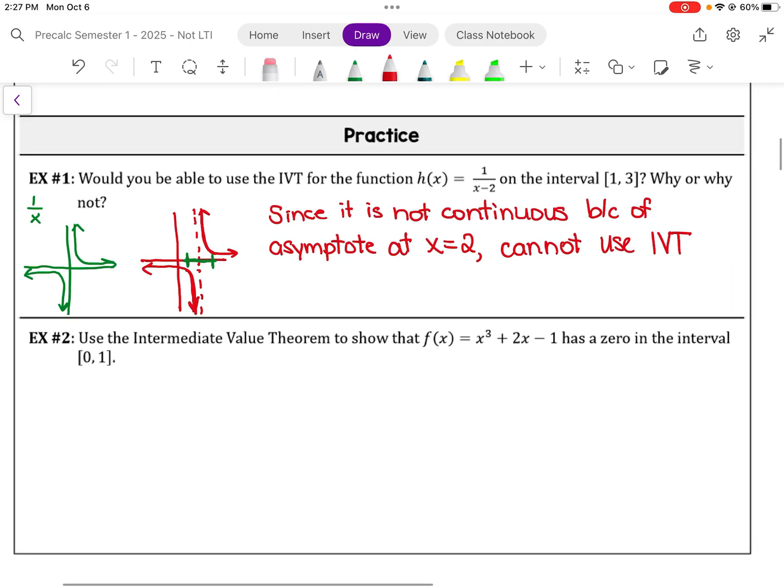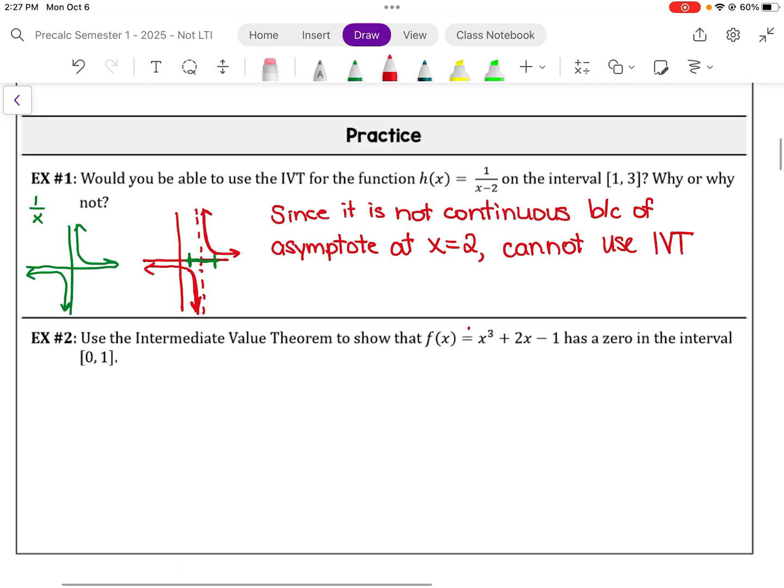But if we look at our second example, it is an x cubed function, which hopefully your brain says, all right, that looks something like that. It could have humps like that. But either way, it is continuous. Polynomial functions are always continuous. So that one tracks. So let's see if it has a 0 here.